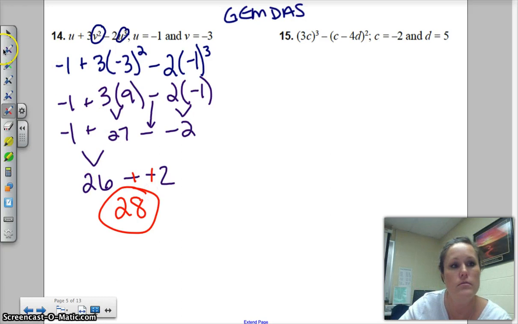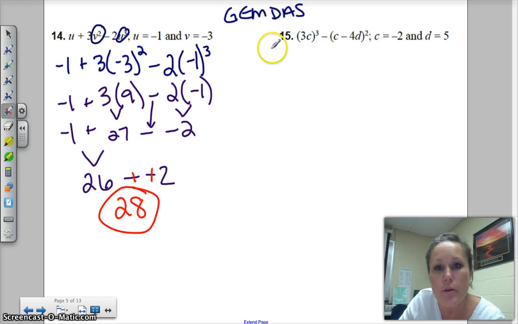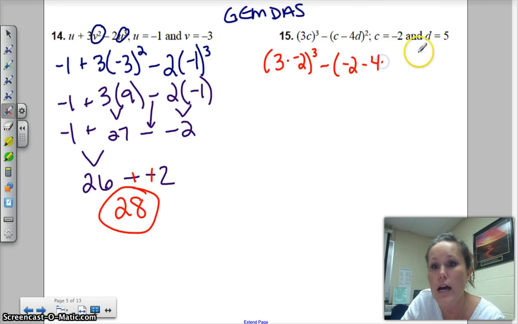Last but not least, plug and chug. Let's do red because it's beautiful. All right, so 3 times c, which is -2, cubed, minus c, -2 minus 4 times 5 squared.